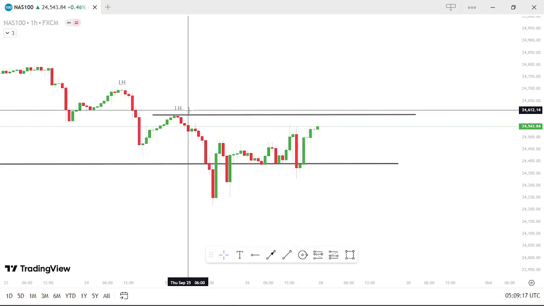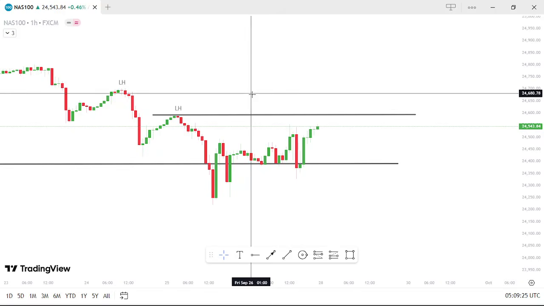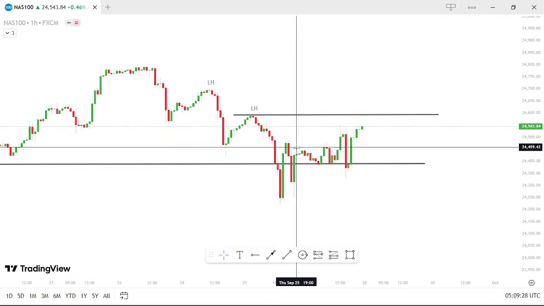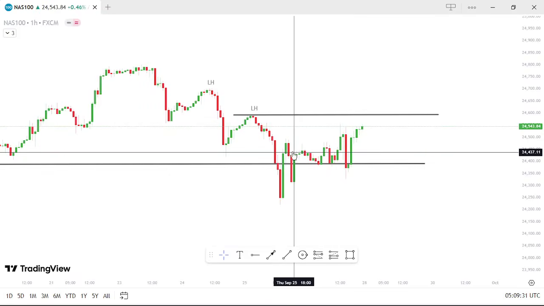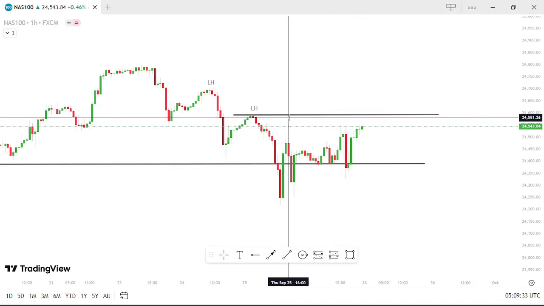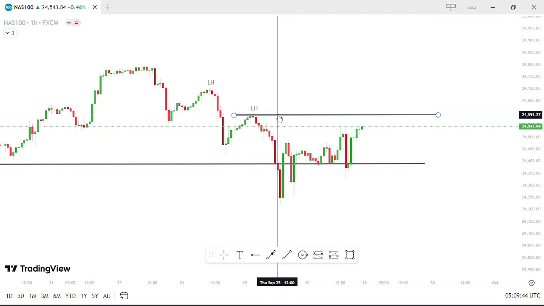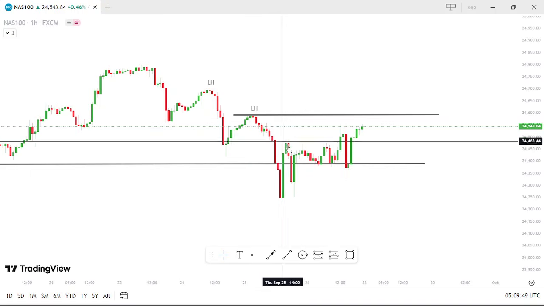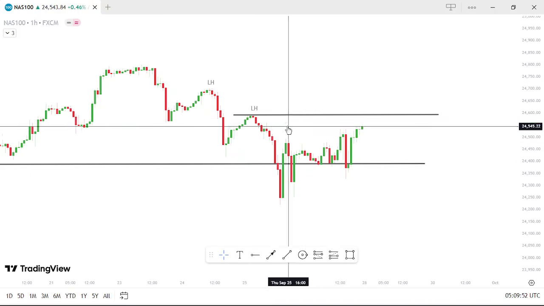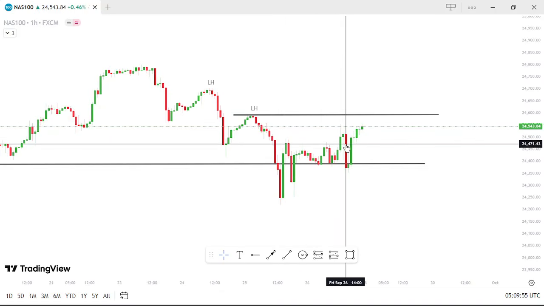First of all, the reason I don't look for entries until price is above that level is because the reason you call it a level where you want to trade on is that under that level sellers have a play. Sellers can play. Sellers can be in the market.